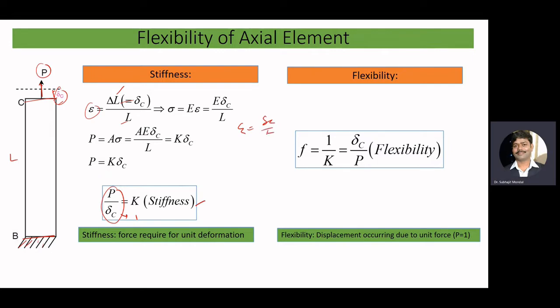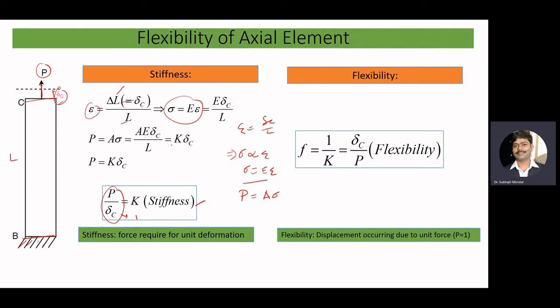Again, we know the stress. From Hooke's law, stress is proportional to strain, and we can write stress equal to E times epsilon, so stress is E times delta C by L. And we know the force is equal to area times the stress.